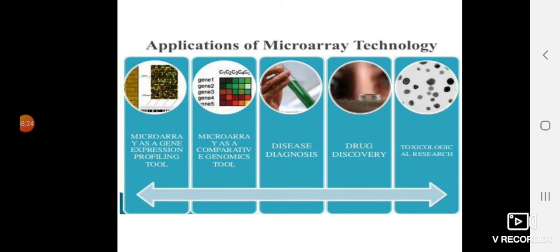People are also using it in diagnostics to identify disease conditions. They are using it in drug discovery. How? Because the expression pattern shows how exactly the organism or the cell behaves in terms of gene expression in the presence and absence of drugs, and how these drugs affect the expression of a particular gene.